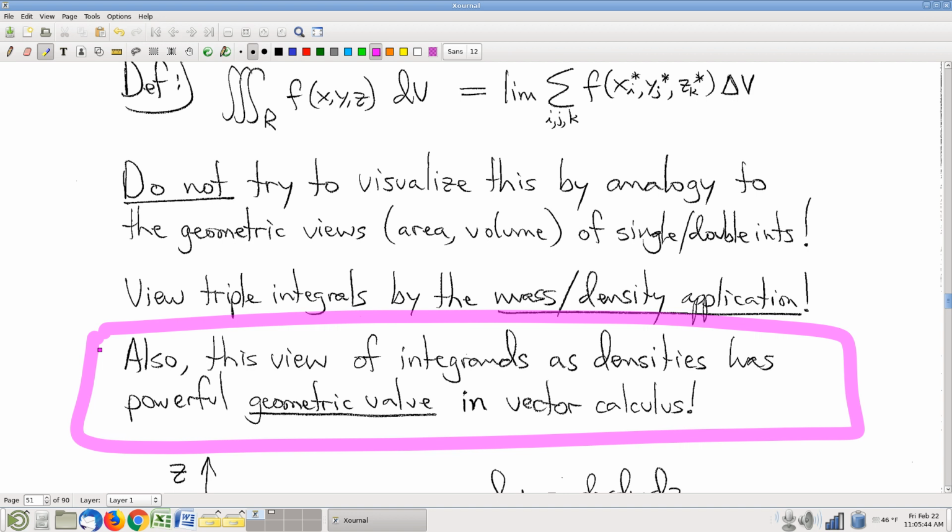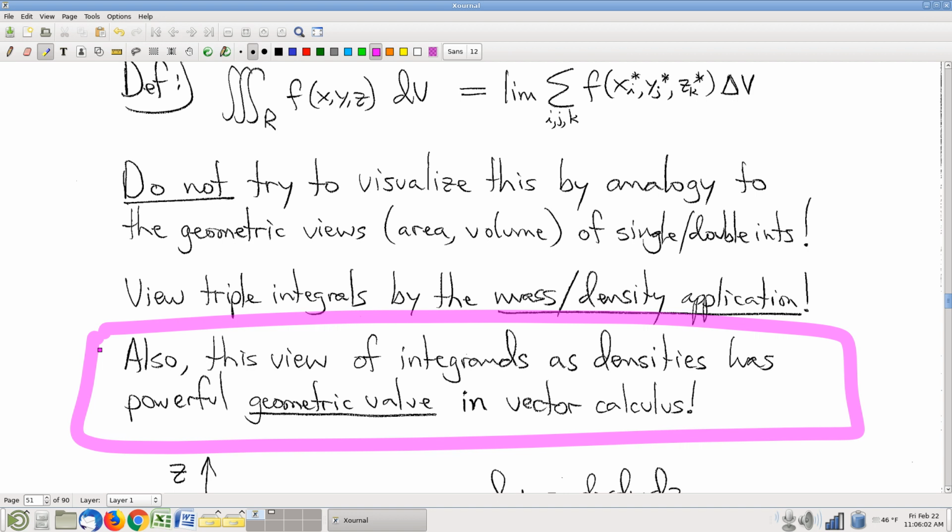Or maybe I'm doing a population density of, maybe there's a bacteria floating around in the air. Then the population density of volume would be, number of bacteria per unit volume. Right? So what the stuff is varies.